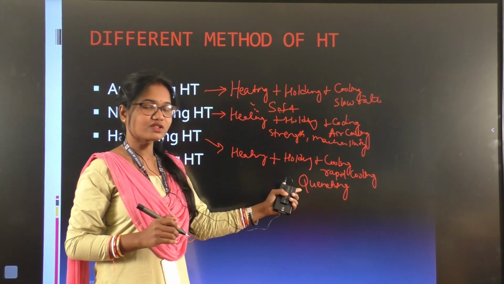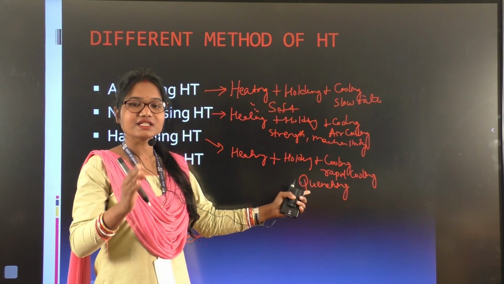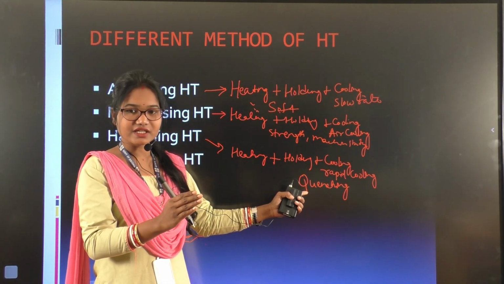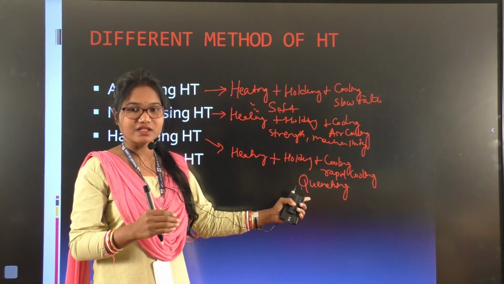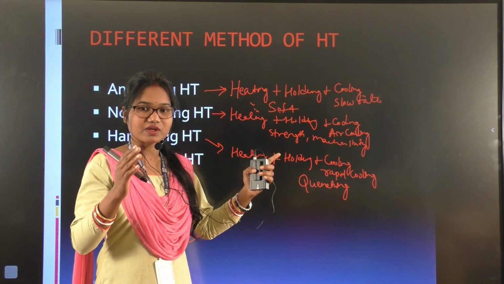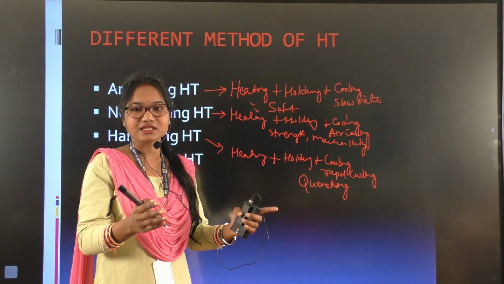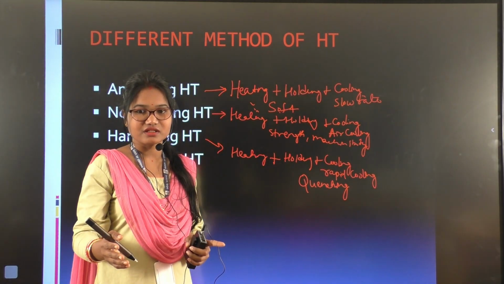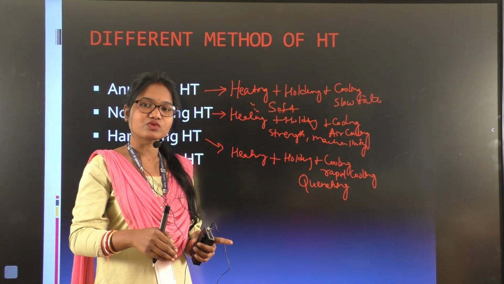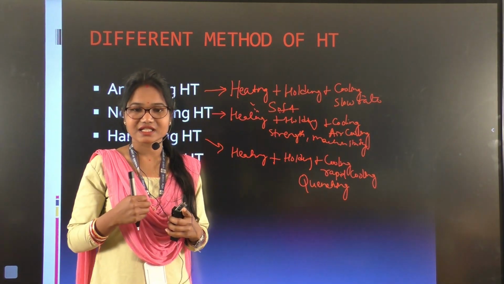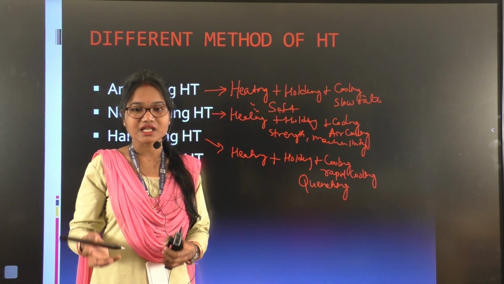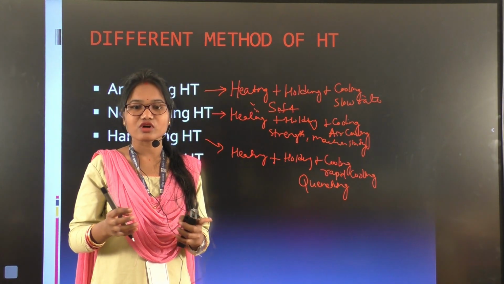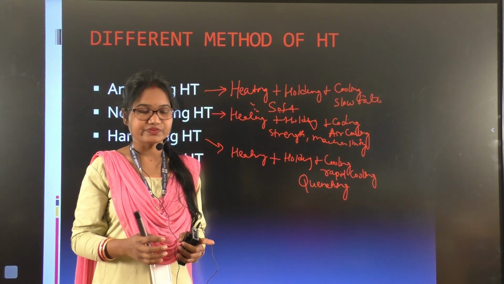So in total, we call this process the quenching process or quenching method. In the quenching method, after holding the metal at a definite temperature, we cool it at a very rapid rate. We will use a bucket of water, or anything that is in a molten state. After dipping the metal in it, we take the metal out. Whatever properties it acquires, that metal is called the metal of the hardening heat treatment method.